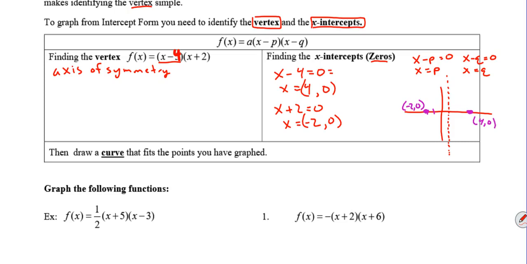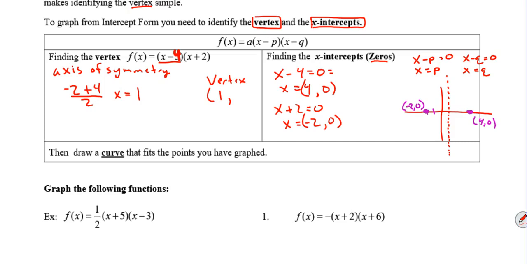So the midpoint is, add them up, negative 2 plus 4, divided by 2. And that gives me x equals 1. So I know that my vertex has an x value of 1.